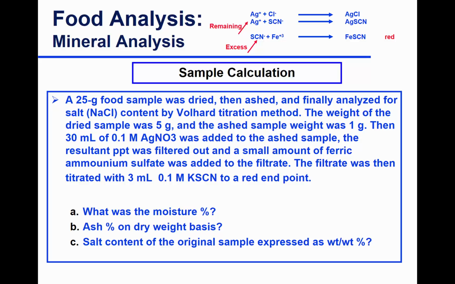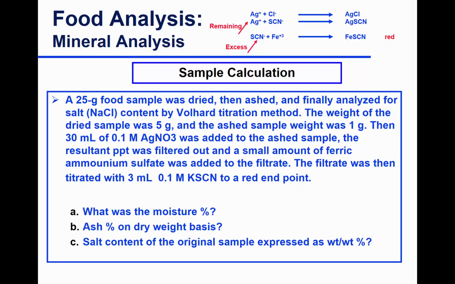So you would have 0.003 minus 0.0003 equals 0.0027 moles of Cl-, which is equal to 0.0027 mole of sodium chloride, because you have 1 chloride and 1 sodium in 1 mole of salt. Okay? So now we know the number of moles of salt.